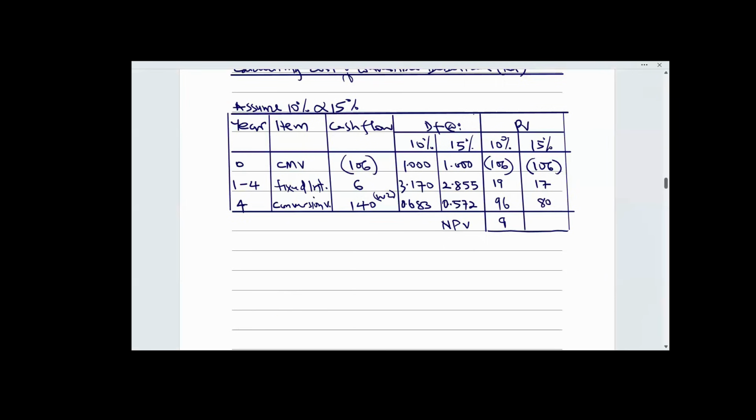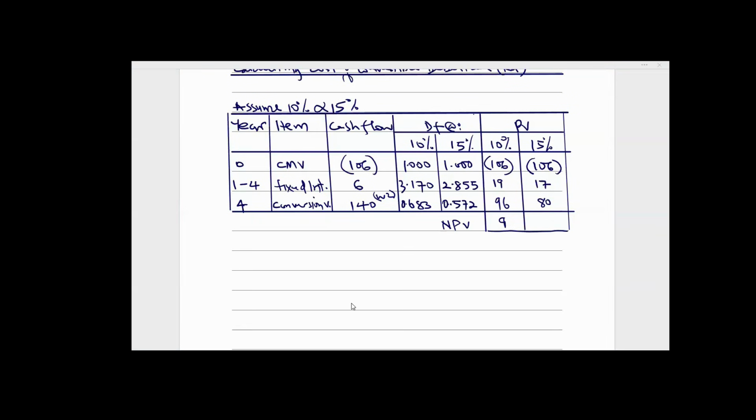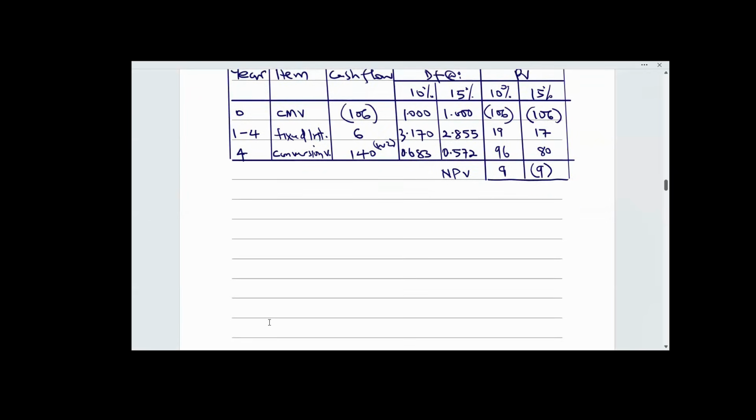So 80 plus 17, that's 97. 97 minus 106 equals negative 9. So we assumed 10% and got a positive NPV of 9. We then increased to 15% to get a negative NPV of 9.